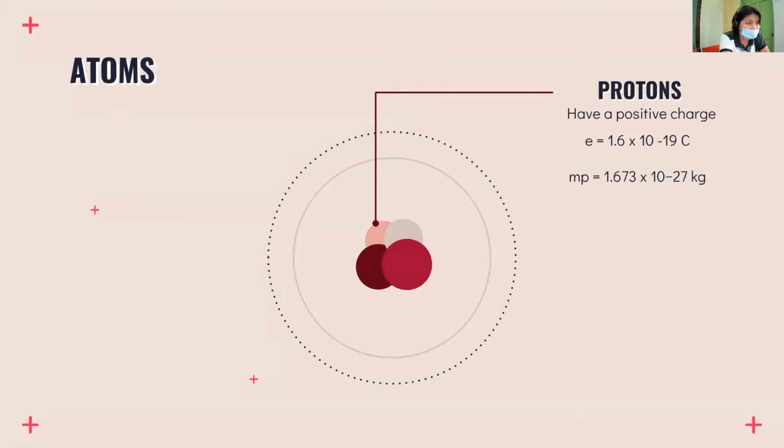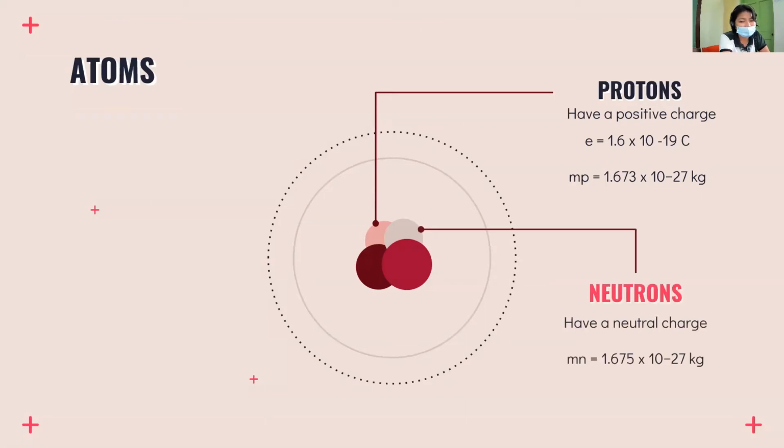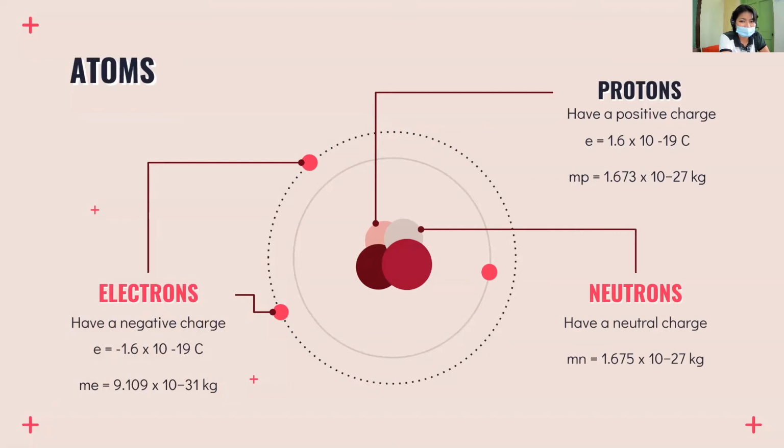So we have electric charge and we have the mass of proton, neutrons, and electrons. Since neutral si neutrons, wala yung e. Si protons, meron yung e, positive, 1.6 times 10 to the negative 19. Pero pag electrons, negative. Yung mga m po, mass yan.